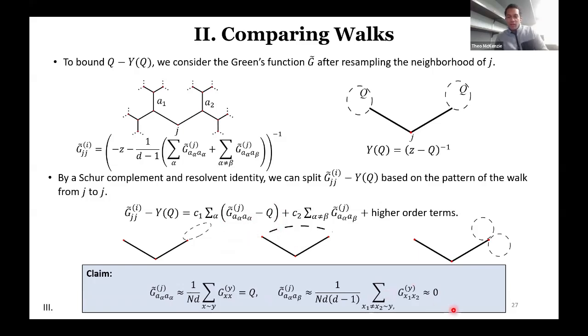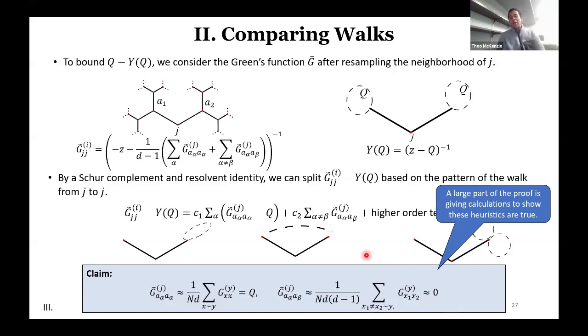And then the second one, I should get something similar where I'm kind of taking a random entry of my Green's function, and that should approximately equal 0 as well. So this is the general heuristic that we use. However, a large part of our proof is really doing these somewhat technical calculations to show that these heuristics are actually true.